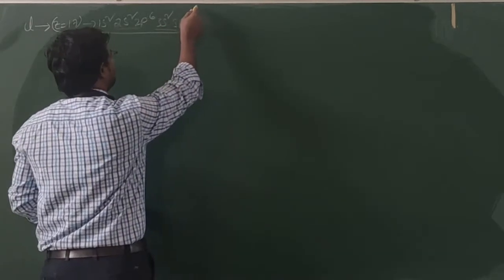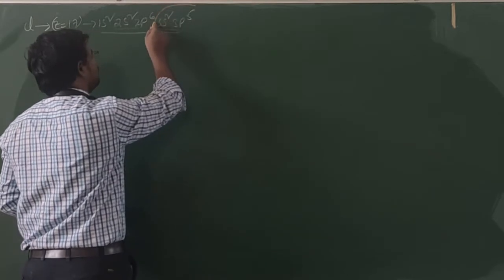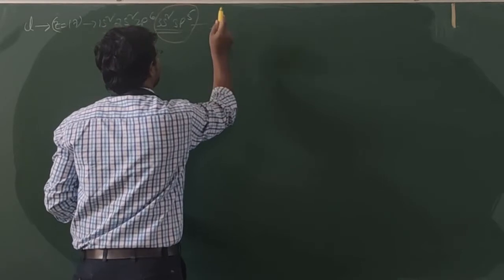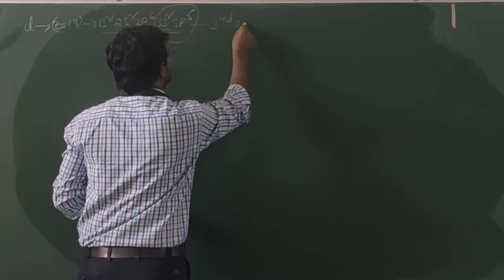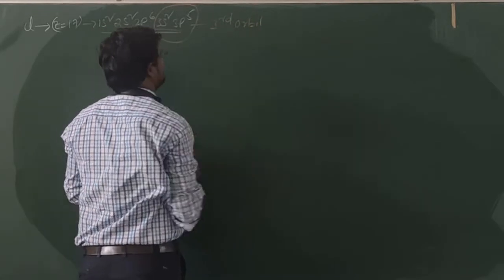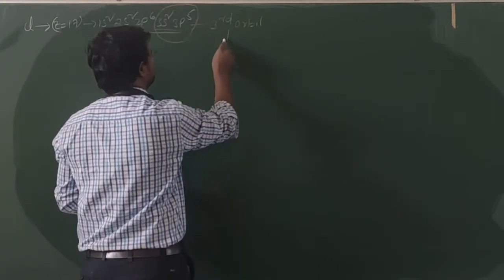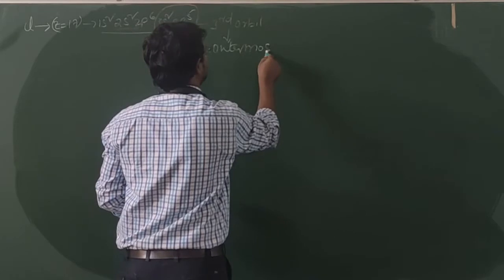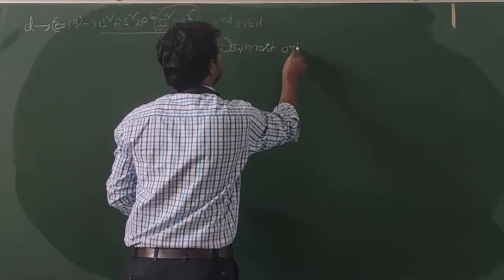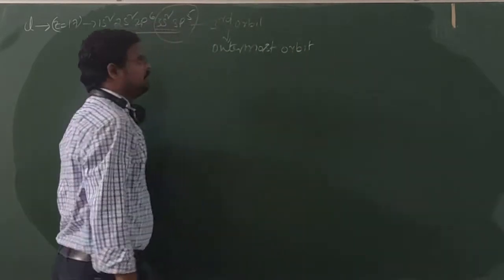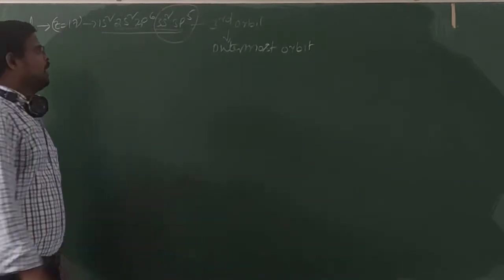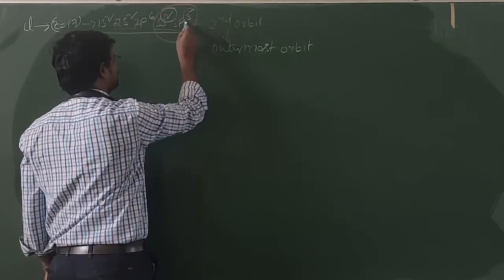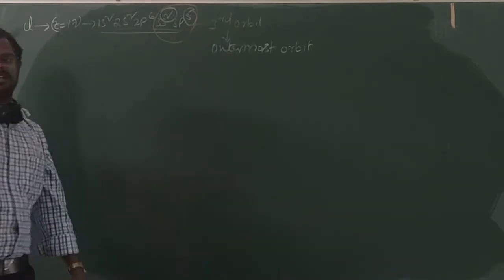For these two orbitals the n value is highest, that is 3. So here the third orbit is the outermost orbit, or we can say outermost shell. How many electrons are present in this outermost orbit? 2 plus 5, total 7 electrons.